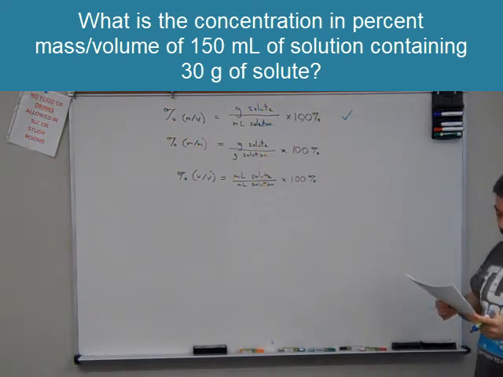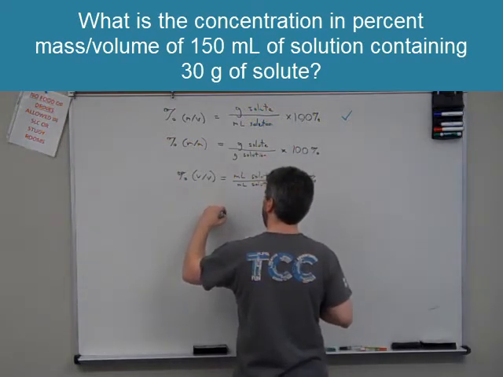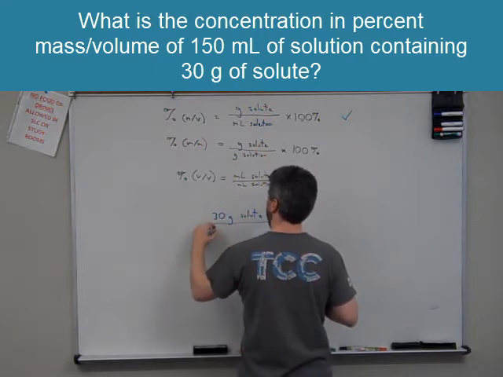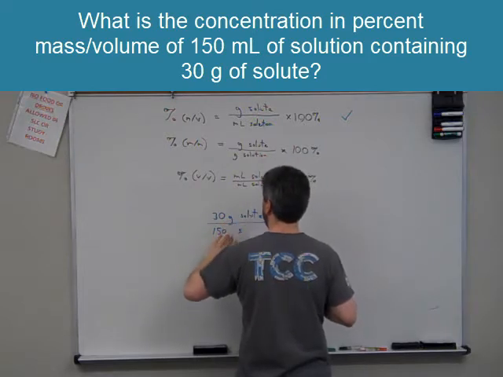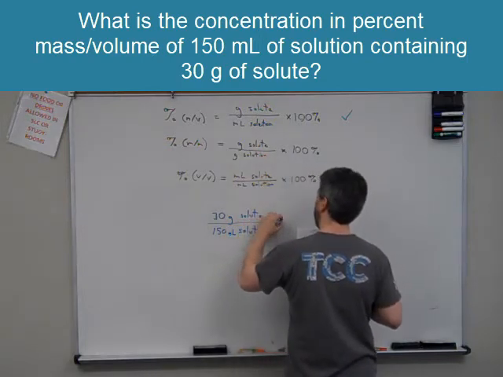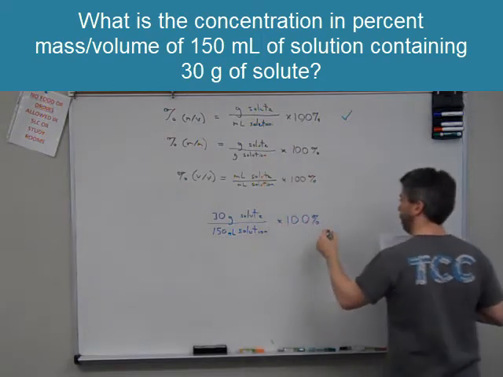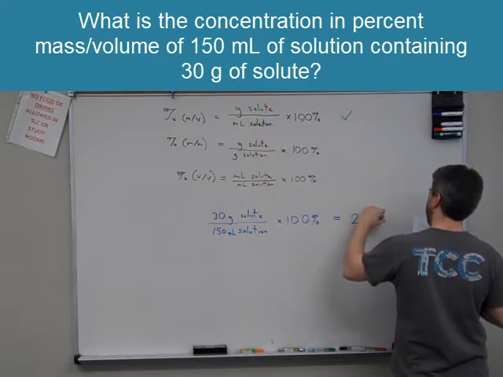How would I set that up? 30 grams of solute over 150 milliliters of solution. That's 0.2, times 100%, which is 20%.